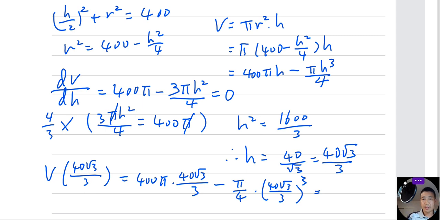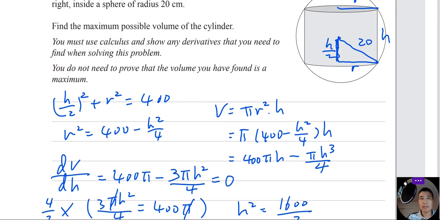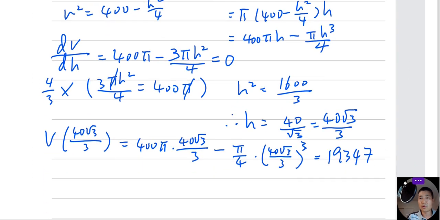So I've got 19,347 approximately. Is it centimeter? Yes. It's volume, so centimeter cubed should be the answer.